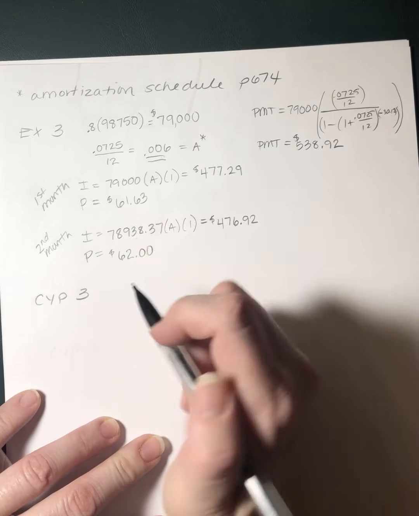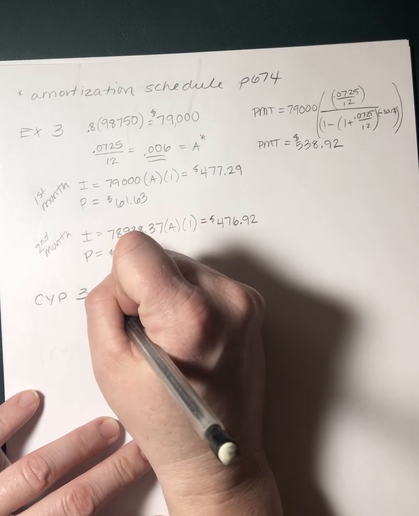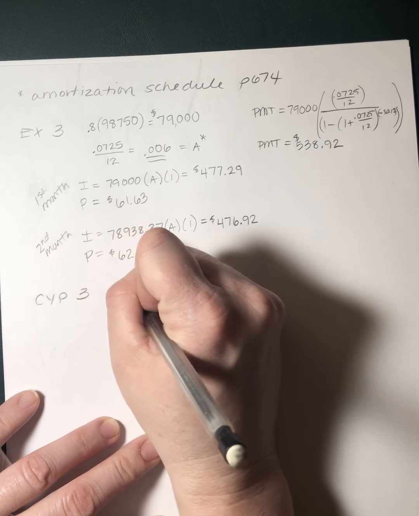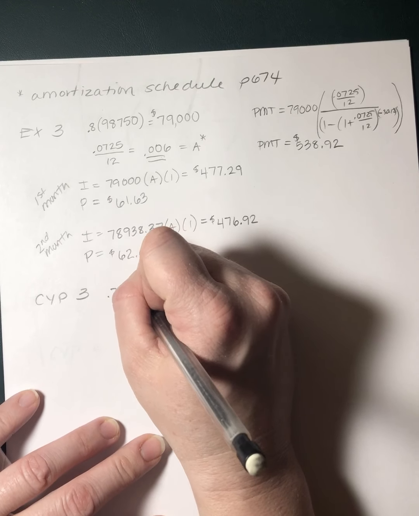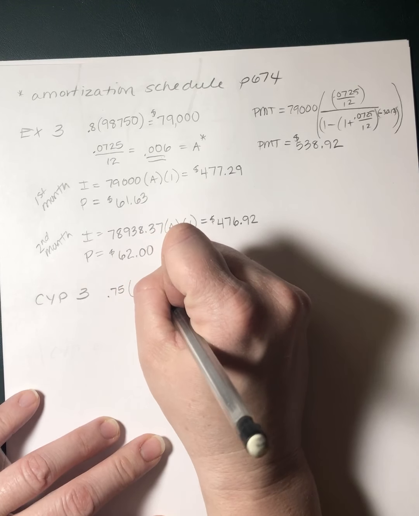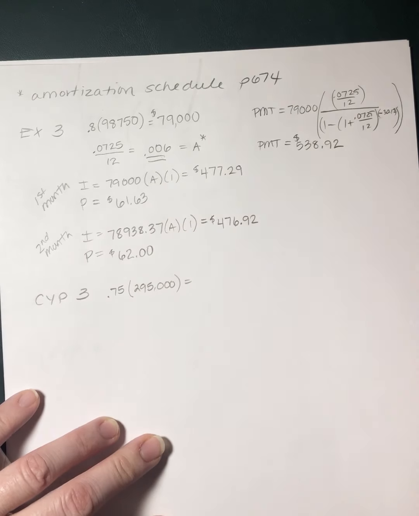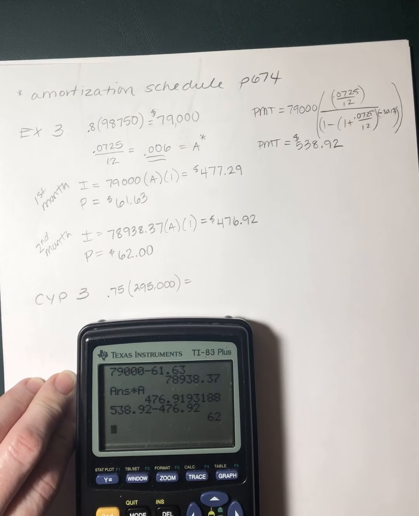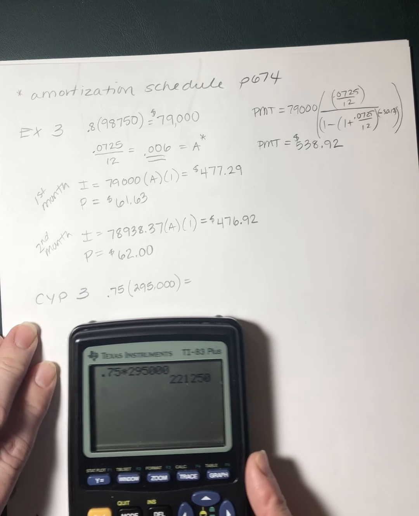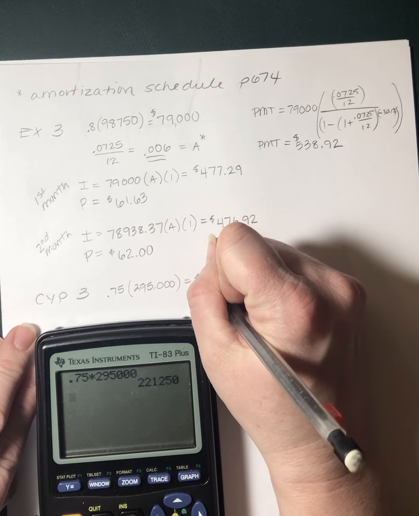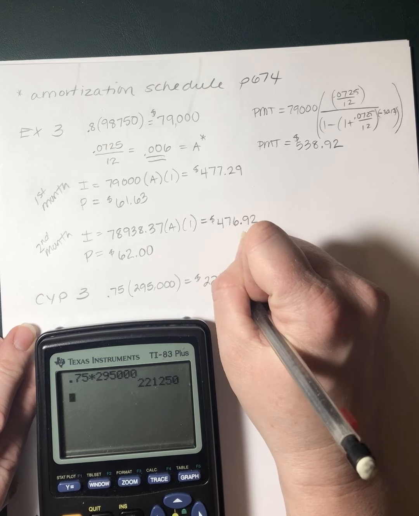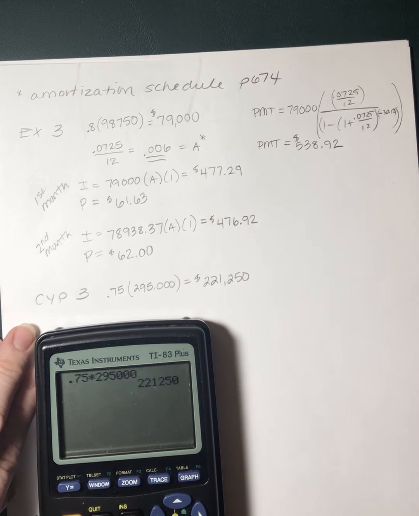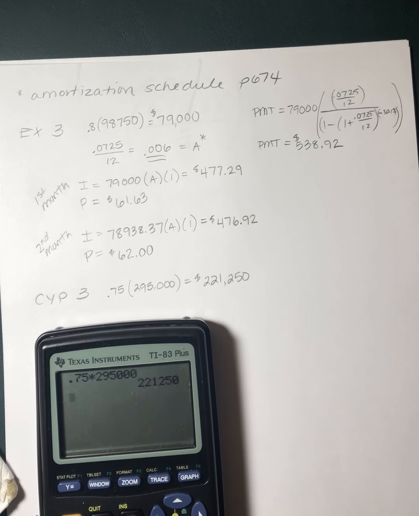So if I had a down payment of 25%, my mortgage is going to be 75% of that $295,000. So I have $221,250. Okay, so that's what my mortgage is going to be.